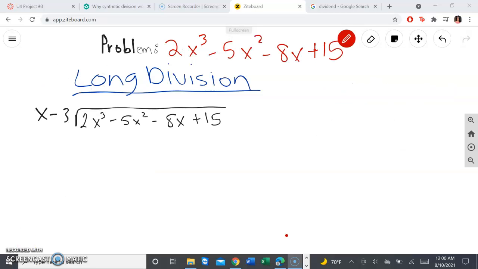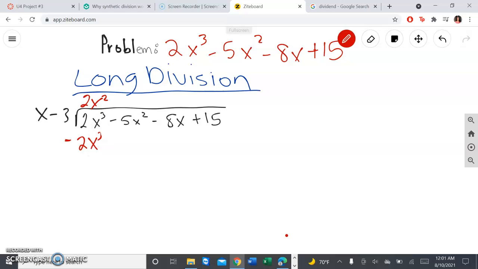Starting with the long division, you want to divide 2x cubed by x, so it'll give us 2x squared, so we want to put it on top. And then remember that this is all being subtracted, so then you want to multiply that. You want to multiply 2x squared back into x, and this should give the same answer as before.